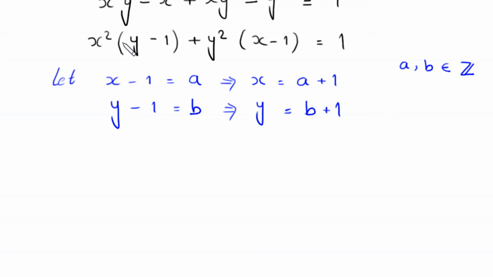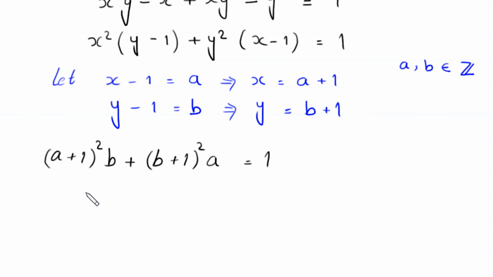Now this equation will become, in place of x we write a plus 1 squared, times, in place of y minus 1 we write b, plus in place of y we write b plus 1 squared, times, in place of x minus 1 we write a, is equal to 1.